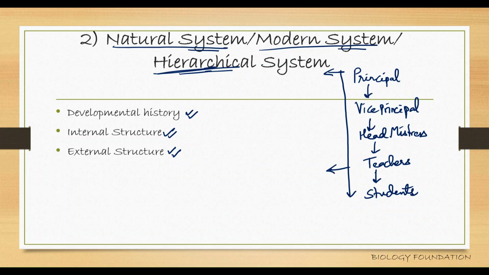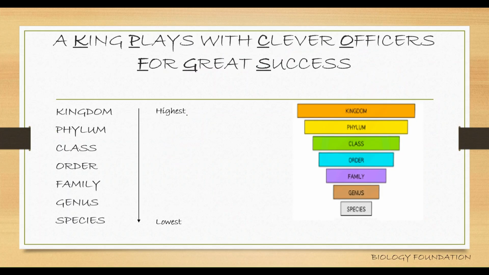So hierarchy means based on ranks, the living organisms are classified. What are those ranks? The topmost rank is said to be kingdom, and the lowest rank is said to be species. Just like how we have the principal, followed by the vice principal, headmistress, and teachers, the same way the first rank is the kingdom.